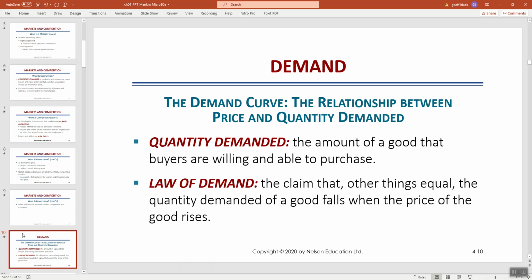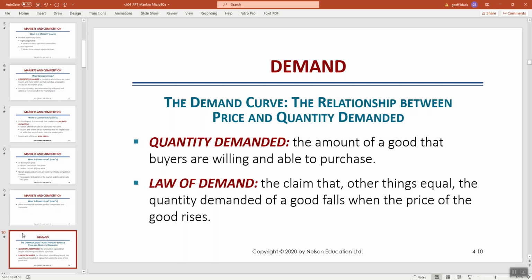And this is that, other things being equal, quantity demanded of a good falls when the price of the good rises. So this is an inverse relationship. Okay? They're opposite. When one goes up, the other goes down. Right? As the other goes down, the one goes up. They operate inversely. That's why the demand curve is negatively sloped.